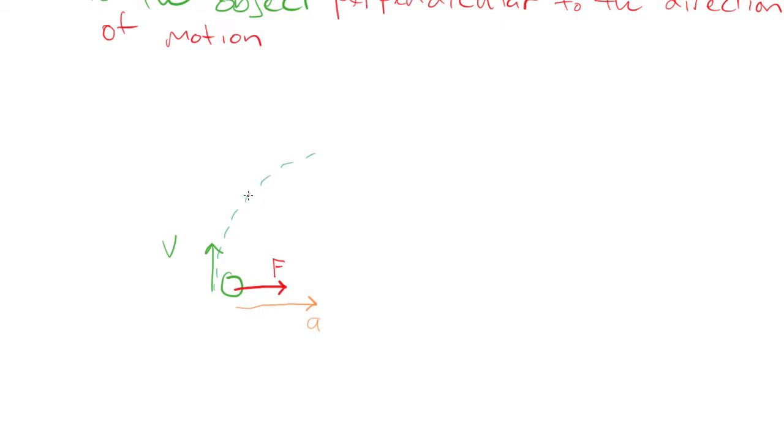So if I take a snapshot right here, the force will be directed down and to the right a little bit. So imagine that this force vector is changing, and then when the object gets up here, now the force is going to be directed straight downwards. And the ball will accelerate in the same direction.